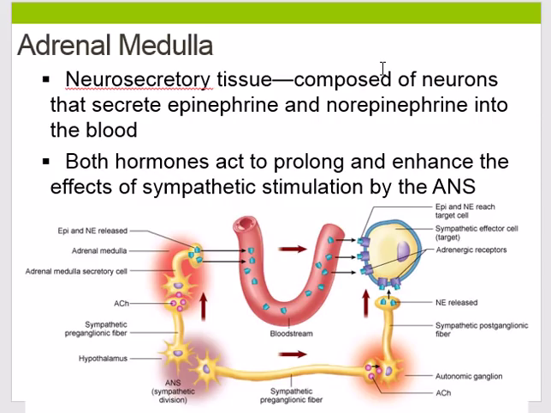The adrenal medulla, or the cells of the adrenal medulla, are called medullary cells, just as comes from the name adrenal medulla. And it's these medullary cells that are going to secrete hormones during a sympathetic nervous system response. And if you forget what the nervous system is, the sympathetic nervous system is part of the autonomic nervous system, which also includes the parasympathetic nervous system.